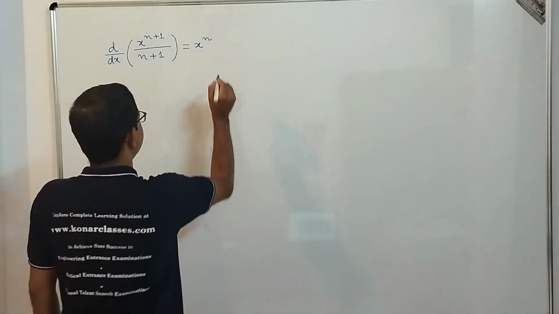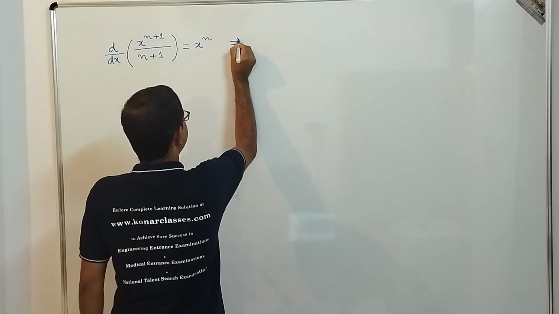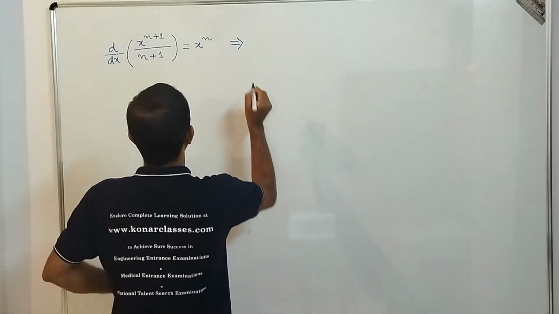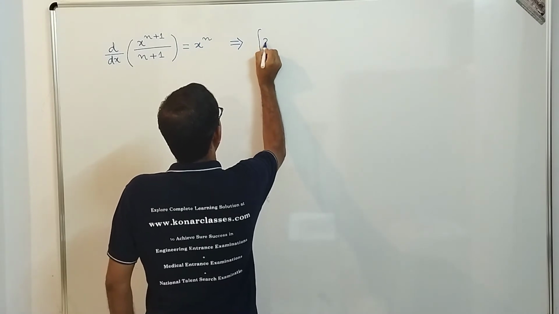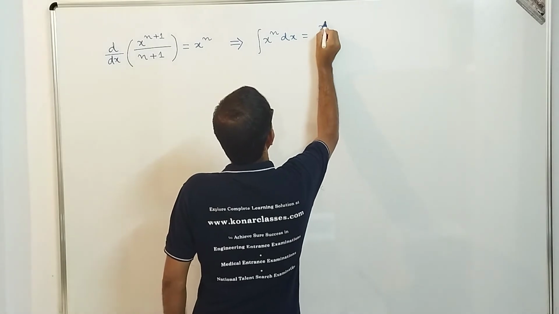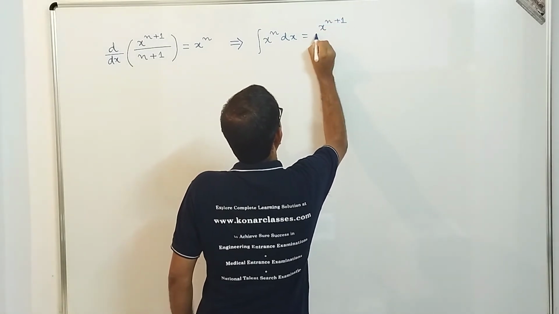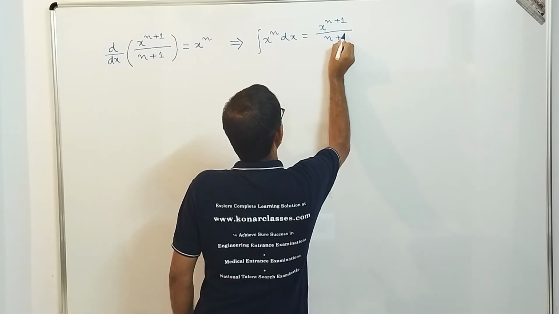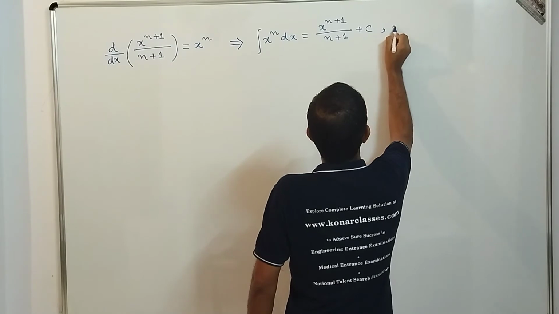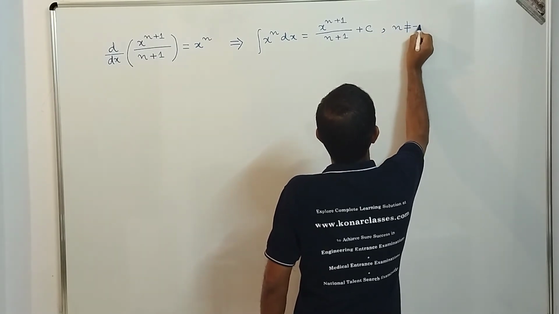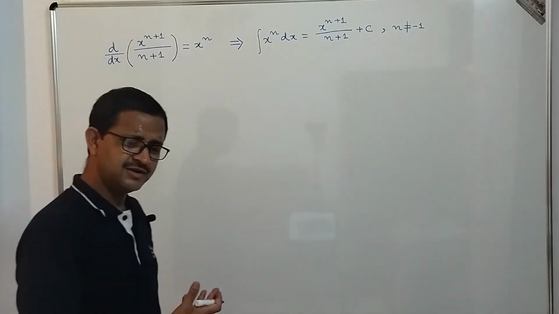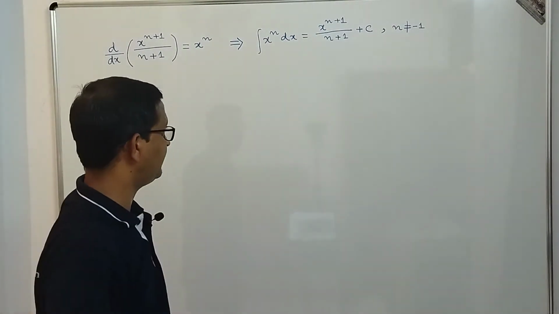So now from the antiderivative method, which is also known as the primitive, the integral of x to the power n dx is equal to x to the power n plus 1 divided by n plus 1 plus an integrating constant c, subject to the condition that n should not be equal to minus 1. Obviously, if n is equal to minus 1, then it is not going to be defined because it is divided by 0.